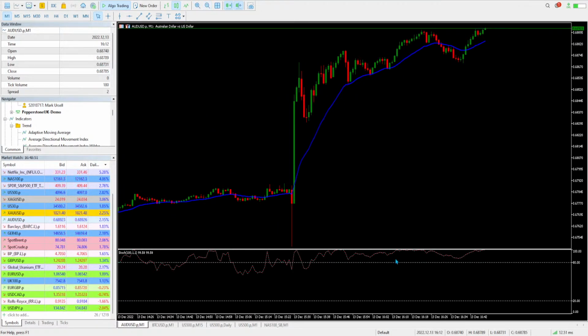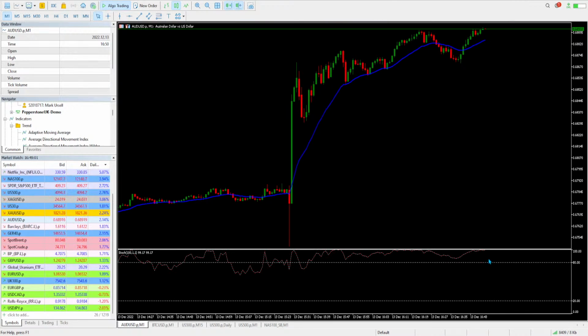That makes a lot of sense, and that's why we like using a filter because it keeps you out of trouble. The logic goes that when we're in this highly overbought zone, we're less likely to continue upwards, although we've had a particularly strong move today. So we'll see if that's right or wrong.